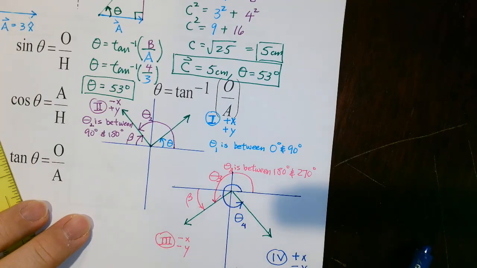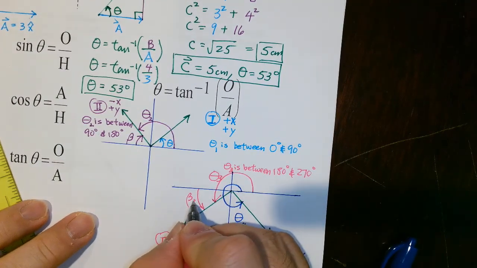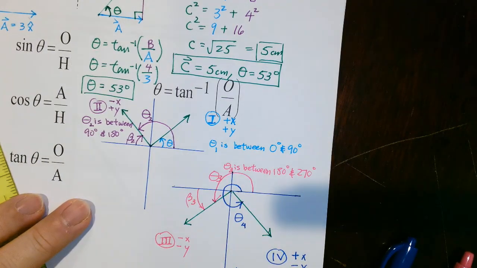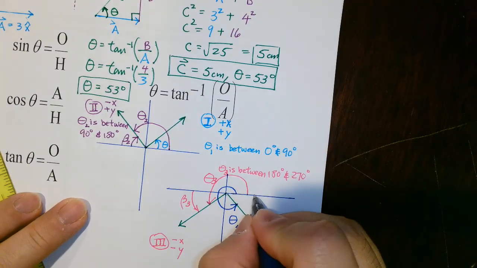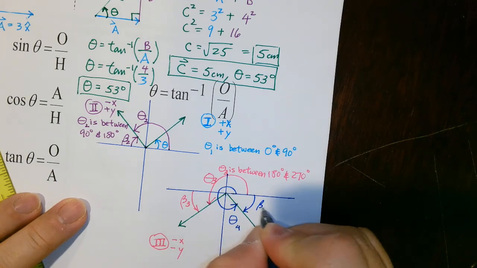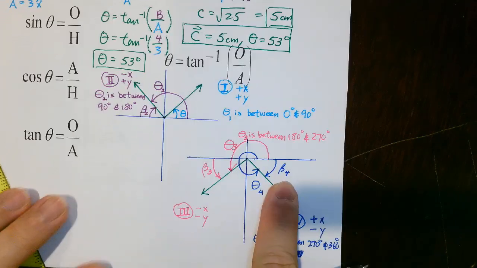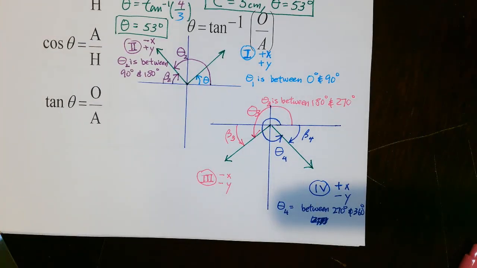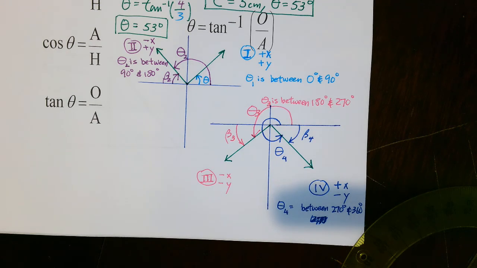And then this is my beta 3, this is my beta 2, and this is my beta 4. Most likely the reference angle is going to be negative. So it's good to know these.